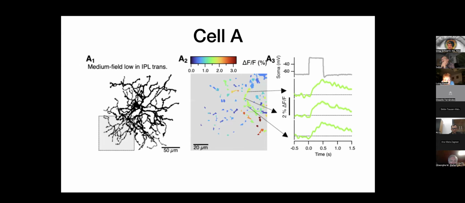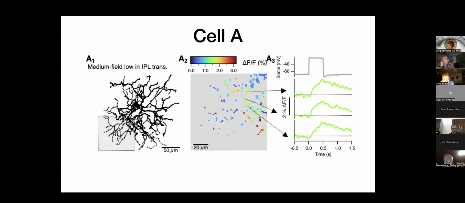So here's one particular type of amacrine cell where we've done this experiment. The picture of the cells on the left, the imaging field is shown in the middle there, and the points in the imaging field, the region of interest, are colored by their maximum calcium signal to the depolarizing step. And you can see these bright green ones along this segment, they respond with no decay at all, essentially.